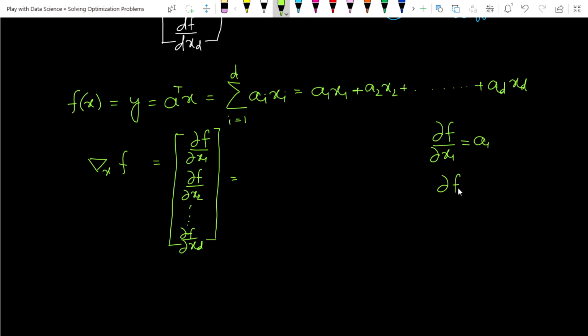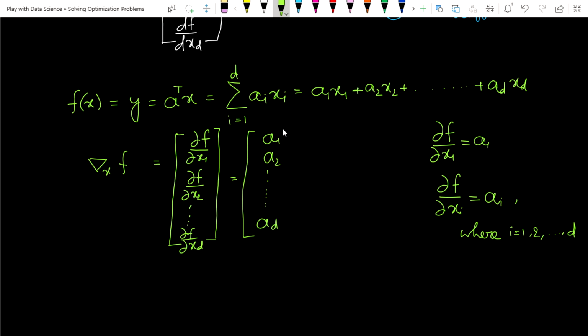Similarly, del f by del xi will be ai, where i equals 1 up to d. So our final result will be a1, a2, up to ad.